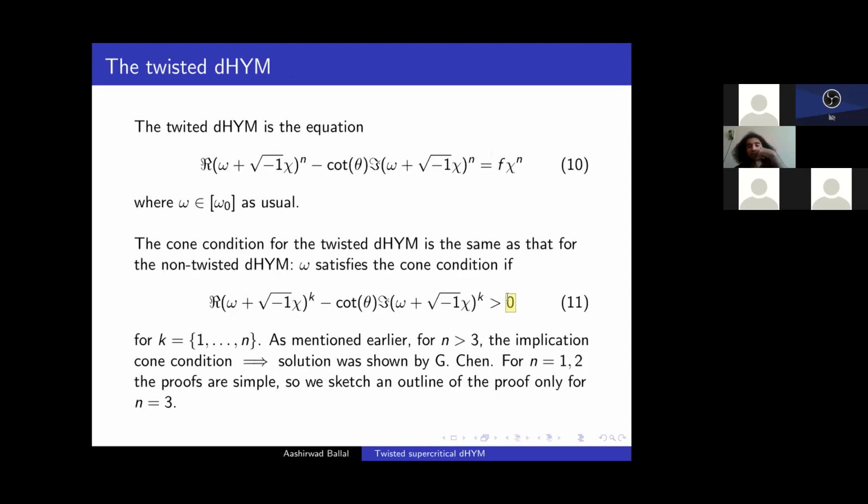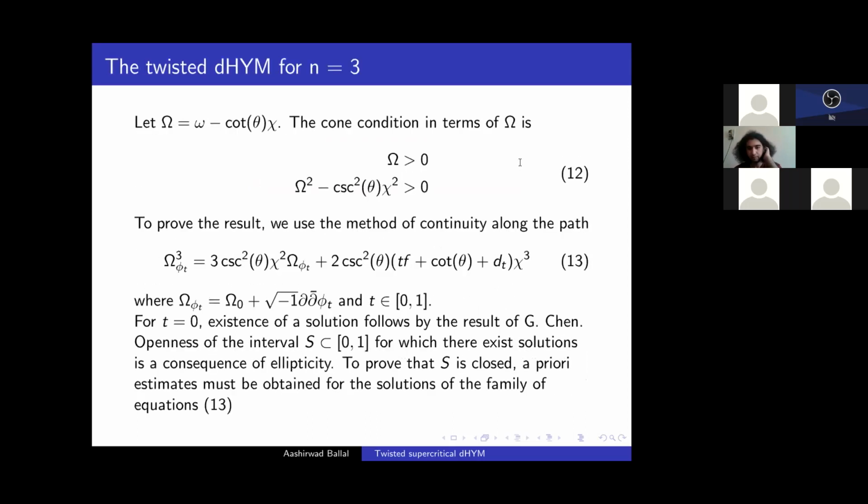Gao Chen had already solved this equation for dimensions larger than 3, but his proof only works for n larger than 3. For n equals 1 and 2, the proofs are trivial. For n equals 3, it's a bit more complicated. So that's the work.